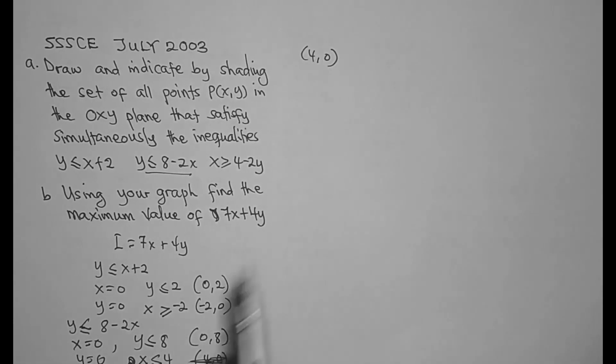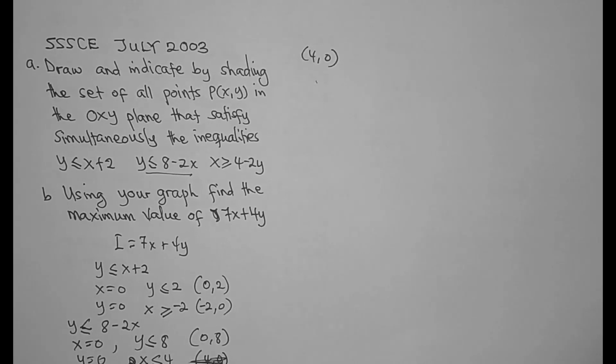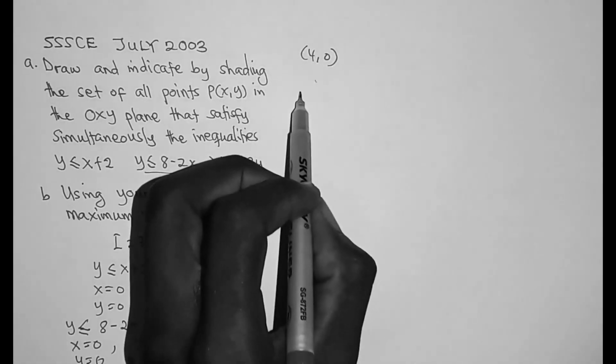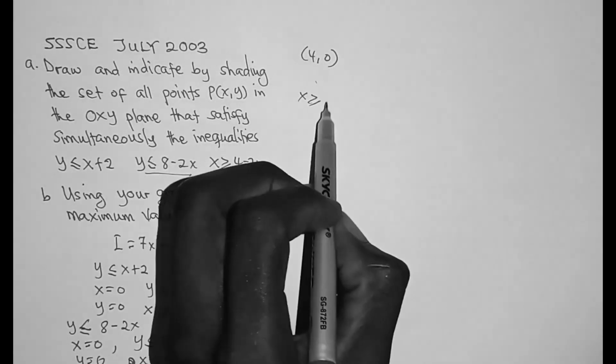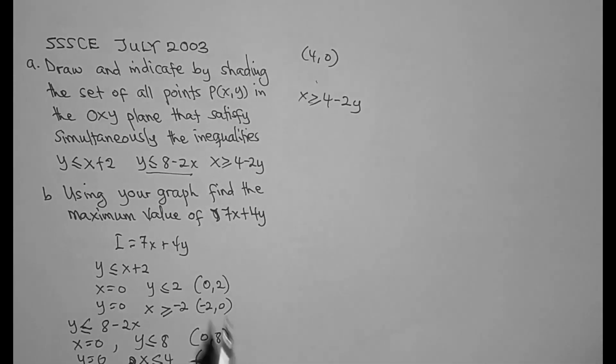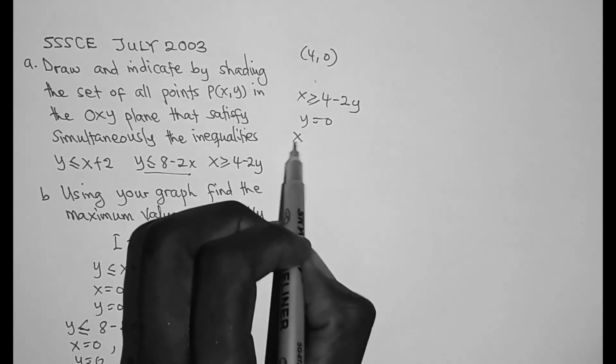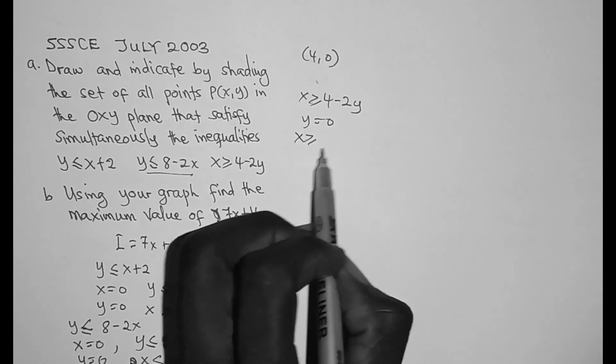Let me continue from this point. Let's take the next constraint, which is x is greater than or equal to 4 minus 2y. Let's put y equals 0. x is greater or equal to 4.